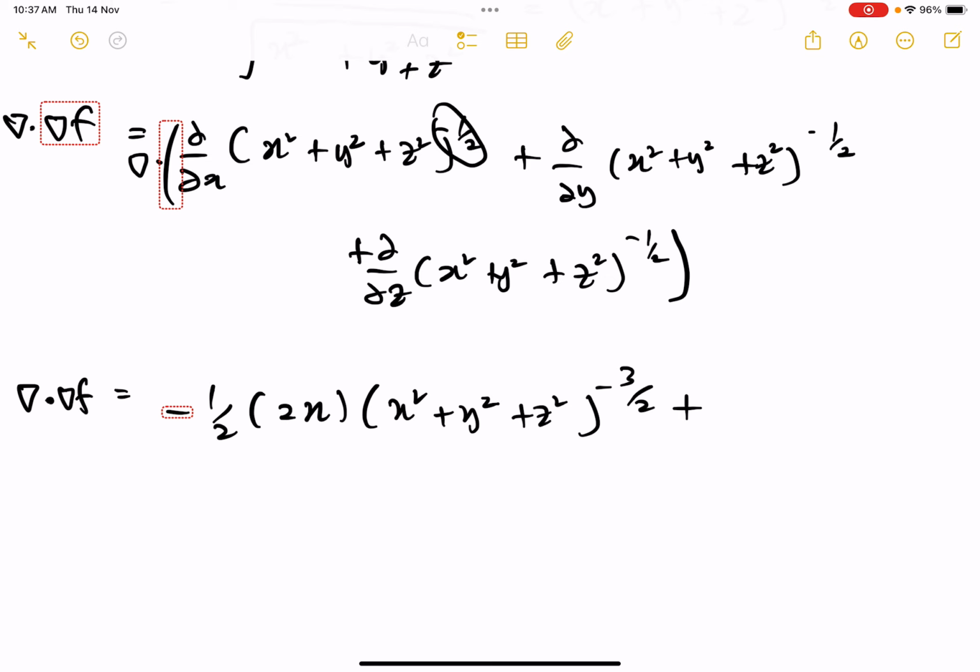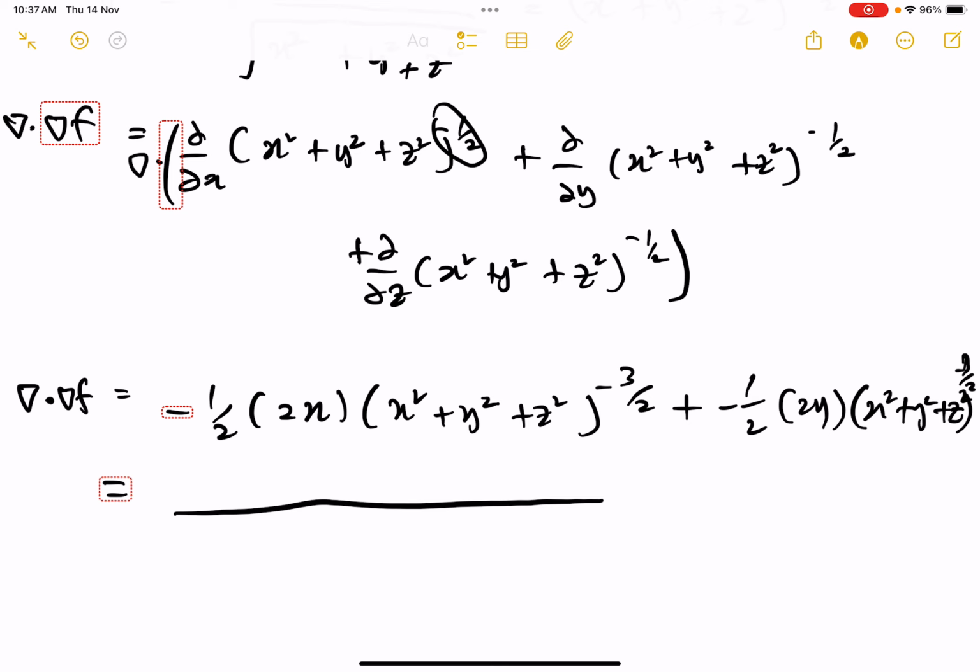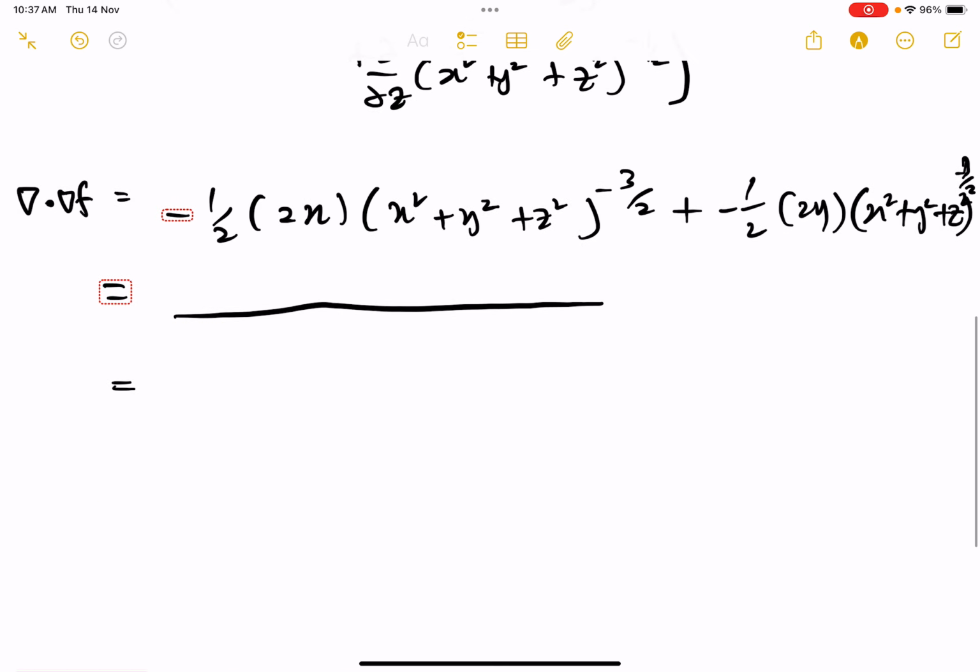So let's see, negative 2y. The work is quite long and takes too much time. Because I'm going to shorten my lecture, I'll just give you the answer.